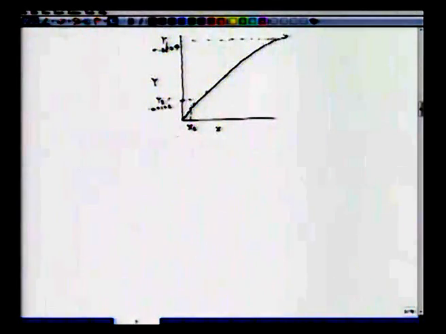Let us mark the coordinates here. Let's say this is y1, which is given as 0.0204, and the concentration is brought down from y1 to y2 equals 0.00102, and corresponding to this y2 we have the concentration of the spent solvent, x2, which is 0.00503.